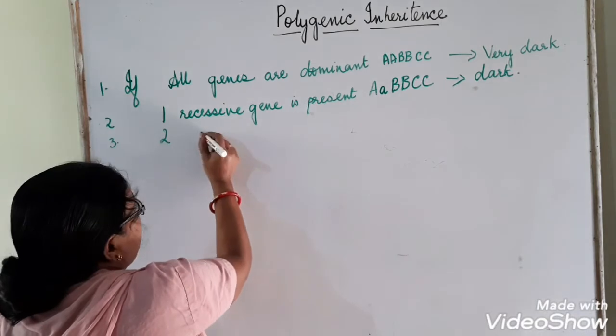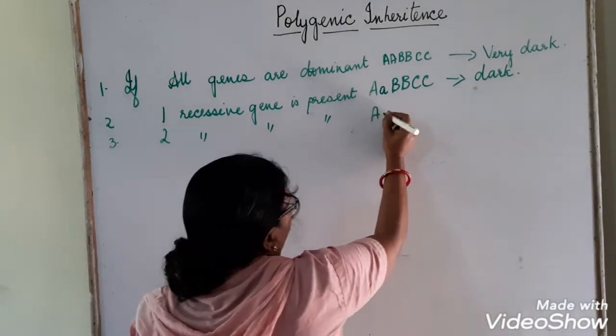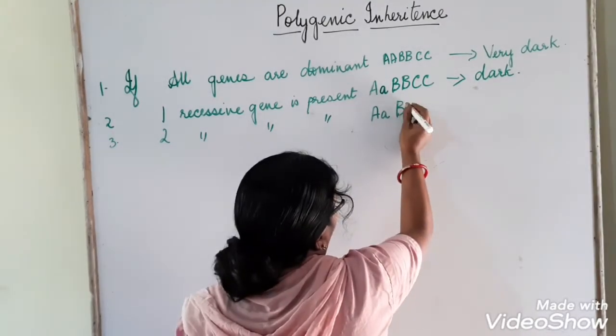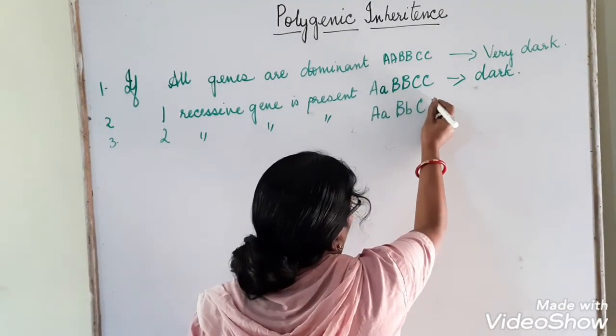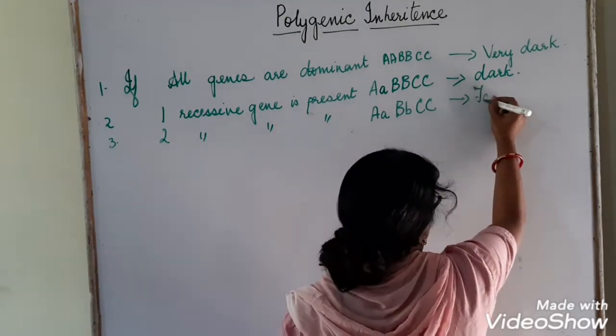If two recessive genes are present, we can take like this. This is also fairly dark. You can say this is also dark.